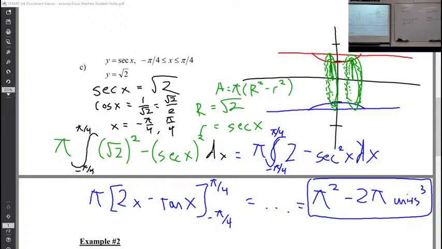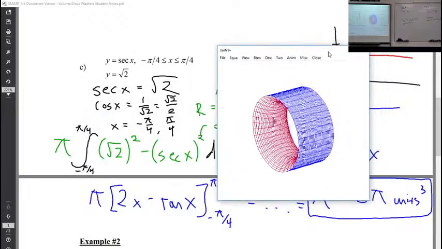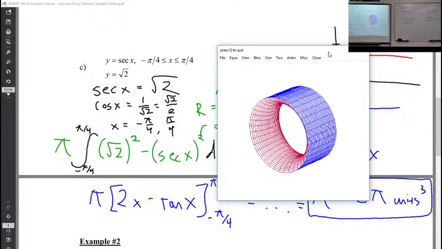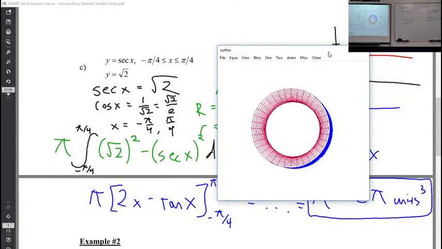From negative pi over 4 to pi over 4. So there's that. But then we also want to do it for this function. Boom. Here's the thing we just found the volume of. So again, hollow on the inside because it's a washer.